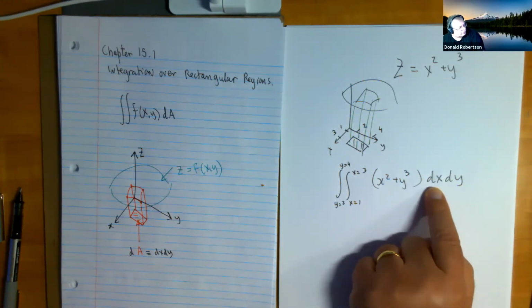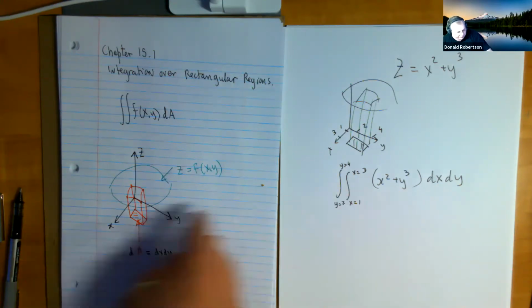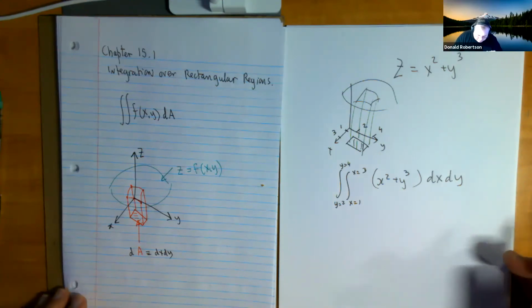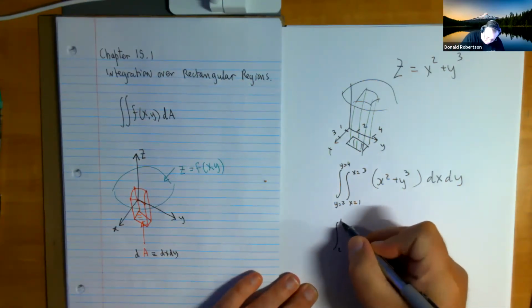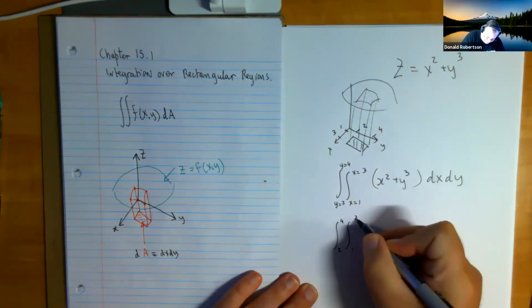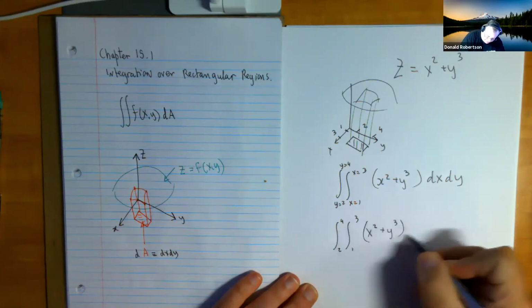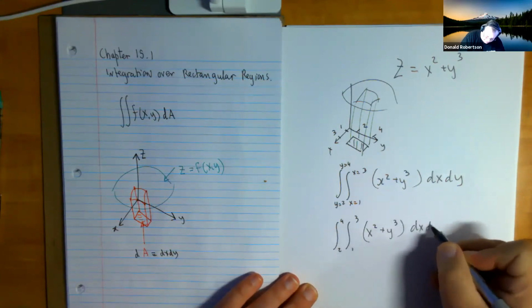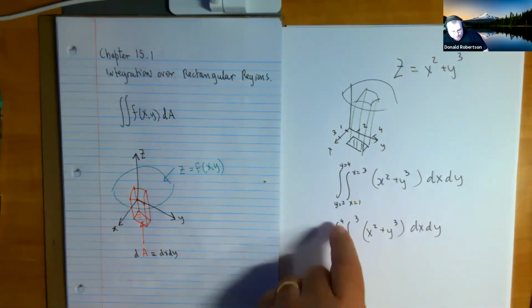Like dx in normal integration from Calc 2. And here's the function, and then 1 to 3. You will find that it's not uncommon for a lot of textbooks to abbreviate what I just did ever so slightly. 1 to 3, 2 to 4.